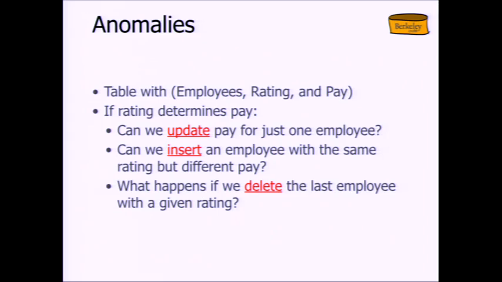So, for example, I'll go draw an example up here. If we have a table whose columns are employee ID, rating, and pay, and we're going to have some employee IDs and some ratings, and the pay that's associated with that rating, maybe like an hourly wage or something.